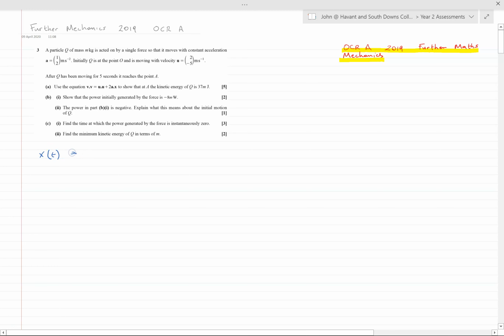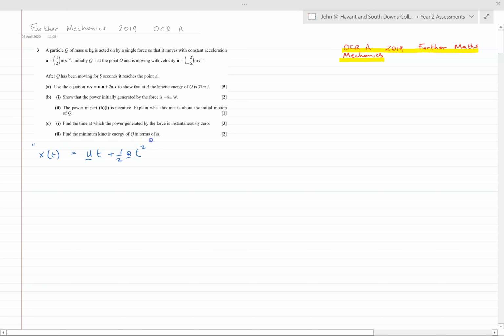Let's write it in vector form. The displacement x as a function of t is equal to u, which is a vector, times t, plus half a, which is a vector, times t squared.